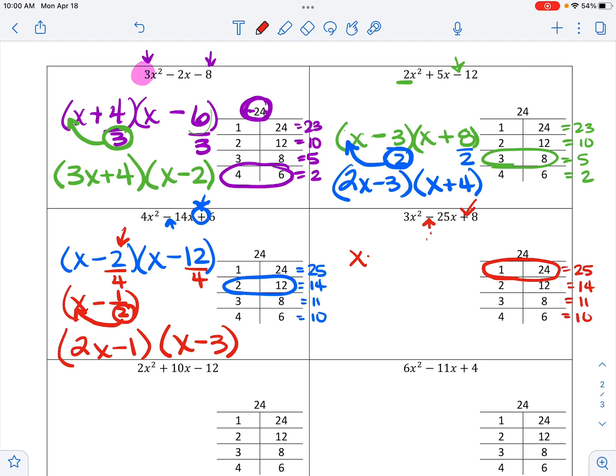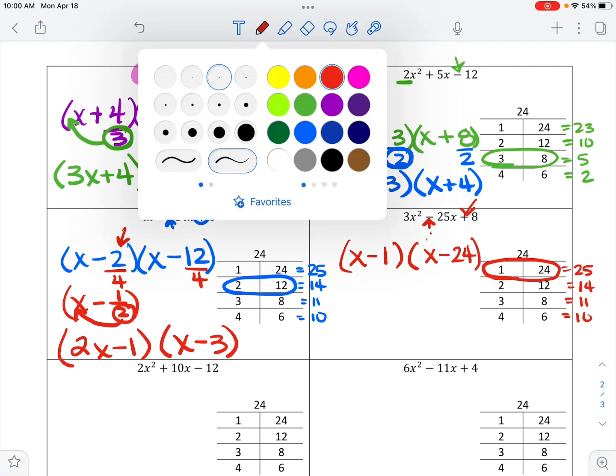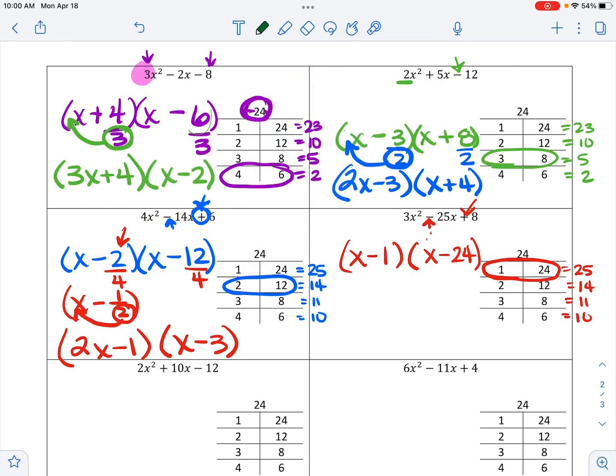So we have x minus 1 and x minus 24. Because I've borrowed, I have to pay it back, and I have to divide by 3. This one, the 3 swings out front and becomes 3x minus 1. Here, 24 divided by 3 is 8.